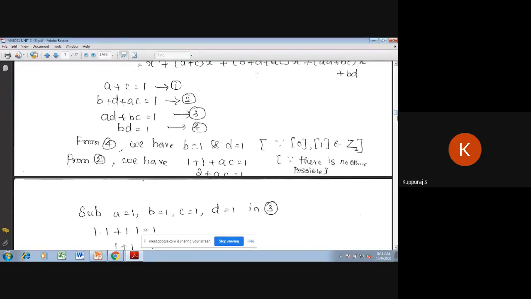So b into d is equal to 1, which means b is equal to 1 and d is equal to 1. After identifying the values of b and d, putting them in equation number 2, equation 2 becomes 1 plus 1 plus ac is equal to 1. So 1 plus 1 is 2, 2 plus ac is equal to 1.